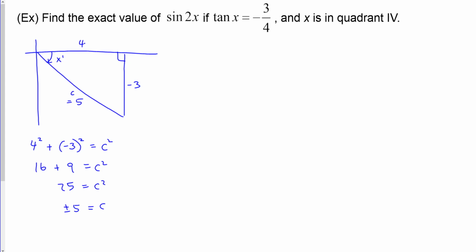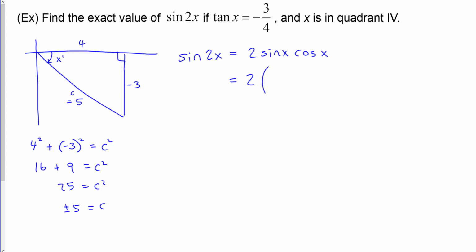So I want to know what the sine of 2x is. The sine of 2x I know is going to be 2 sine x cosine x. What I can do now is just substitute in what I know sine and cosine would evaluate to in this triangle in order to evaluate sine of 2x.